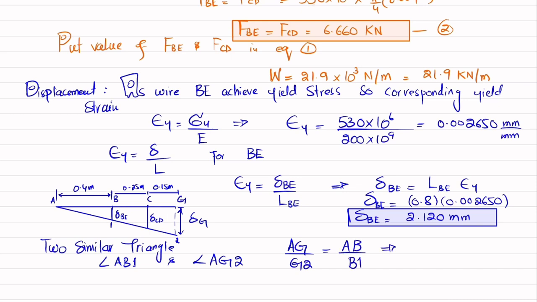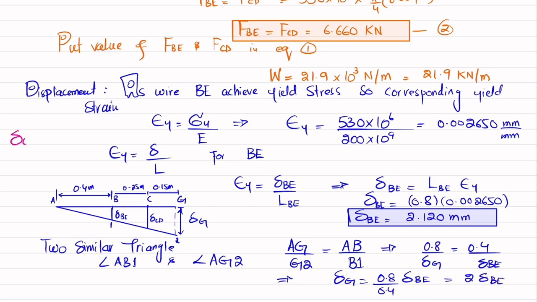AG is totally 0.8, clear? So 0.8 divided by delta G, since G2 is delta G, will be equal to 0.4 divided by delta BE. From here, delta G will be equal to 0.8 divided by 0.4 into delta BE, that is equal to 2 times delta BE. Now delta G is equal to 2 times delta BE. So put the value: 2 multiplied by delta BE, which is 2.120 millimeter.